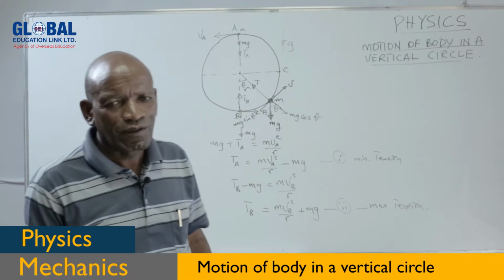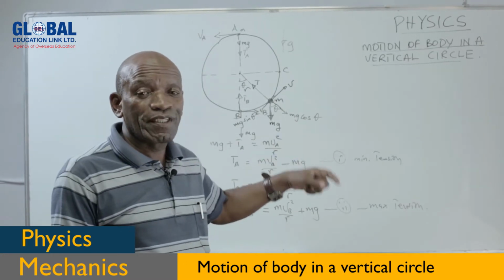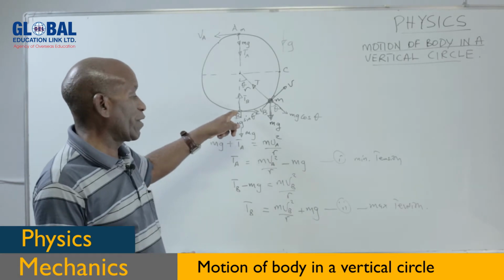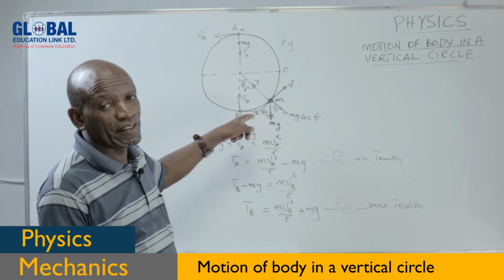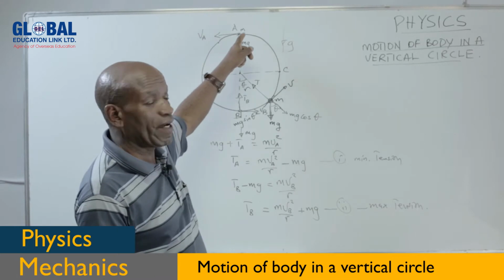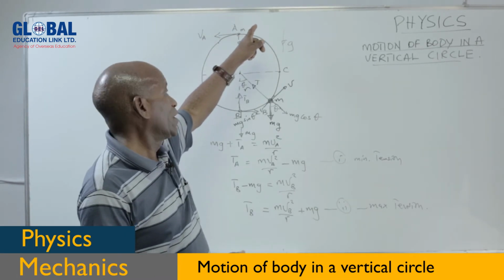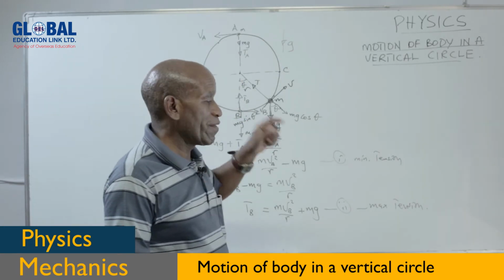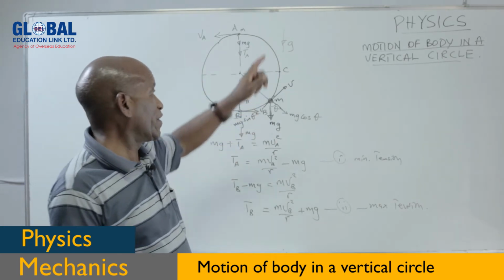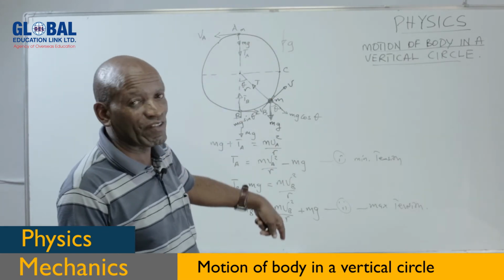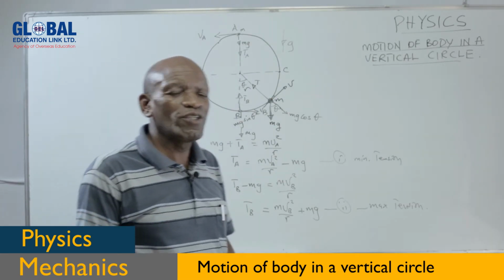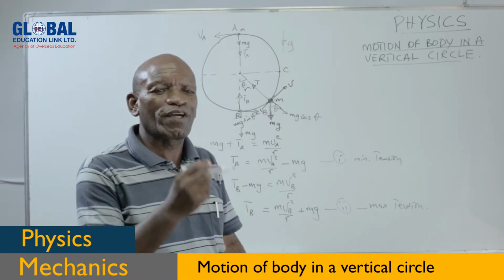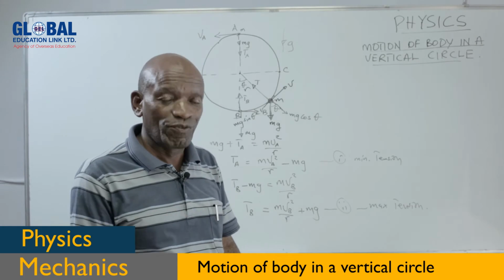Having obtained the maximum tension in the string, which occurs whenever a body passes at the lowest point, and the minimum tension whenever a body passes at the highest point in such a vertical circle, and g is acting vertically downward, you can understand for sure that this kind of circular motion is not uniform.